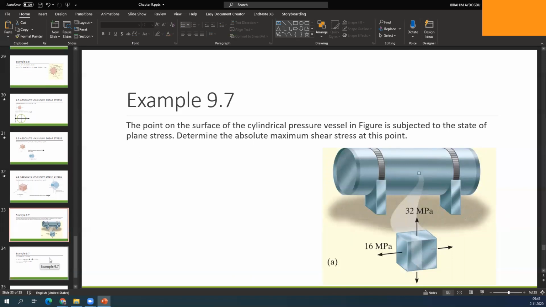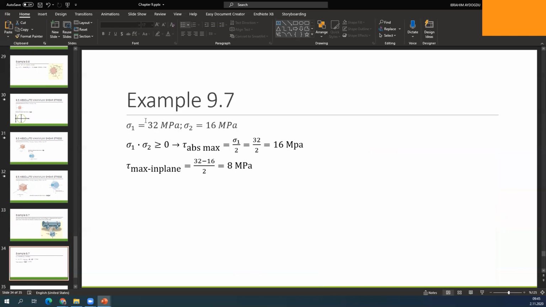It's very simple. You can see we don't need to calculate sigma 1 and sigma 2 because in this example they are directly given. Sigma 1 is 32 megapascal, sigma 2 is 16 megapascal.